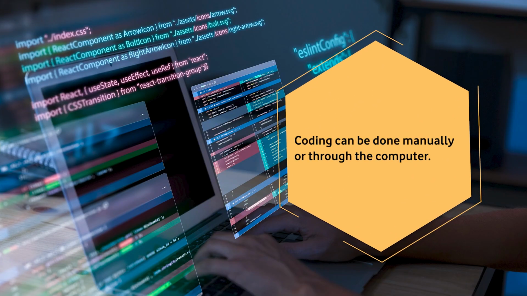And further, coding can be done manually or through the computer also. Nowadays the majority of people are more acquainted with technology, so we are using computers to generate the codes as per the requirement, right?